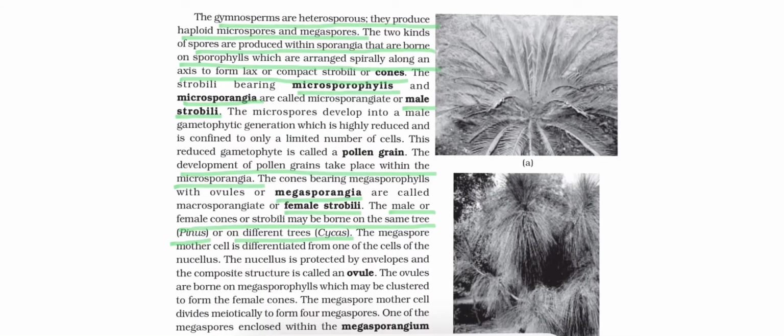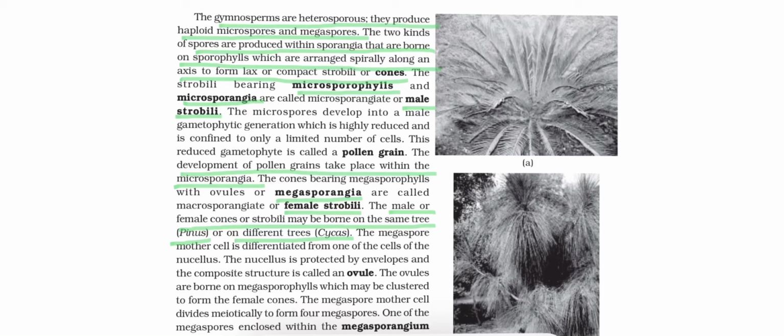Now let us see more detail related to its reproductive part. If we see the reproduction, special structures like microsporophylls and megasporophylls are developed. So gymnosperms are actually heterosporous, that means two different types of spores are developed.